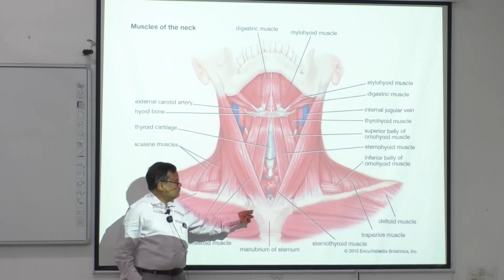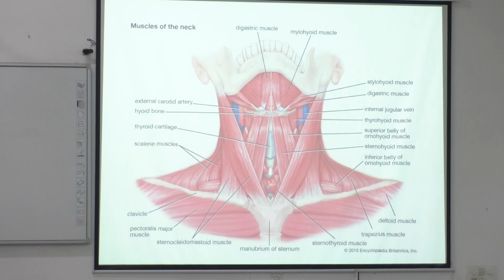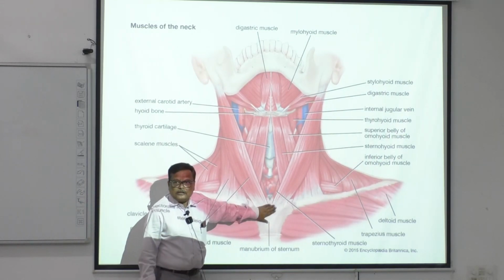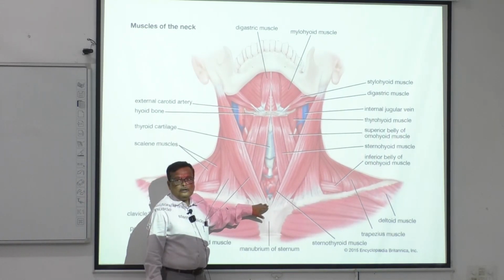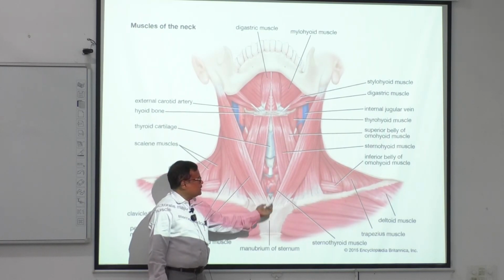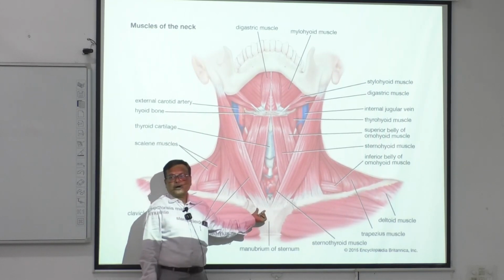Sternal head originates from the lateral part of the anterior and upper surface of the manubrium sterni. দেখো, এটা হচ্ছে manubrium sterni এর anterior surface, তার upper part. So একটু laterally, one on either side. আমরা একটা সাইড বলছি, it arises from the upper part of the anterior surface of the manubrium sterni.